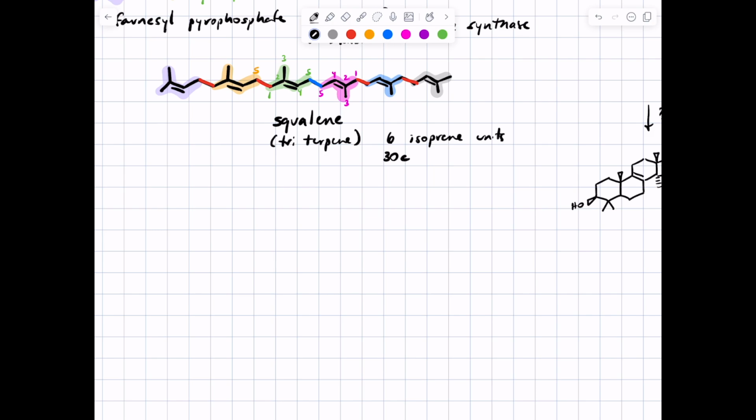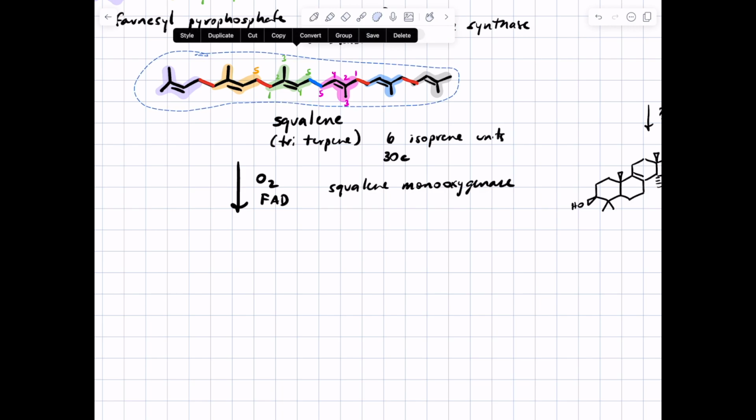So the first step is that nature does a reaction where it uses oxygen and the cofactor FAD and an enzyme called squalene monooxygenase to make an epoxide in the purple isoprene subunit.